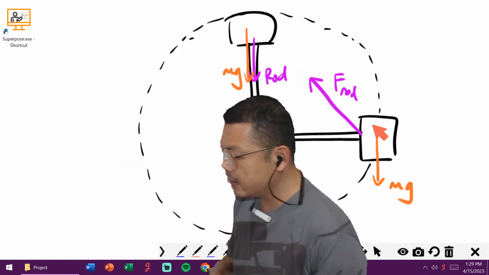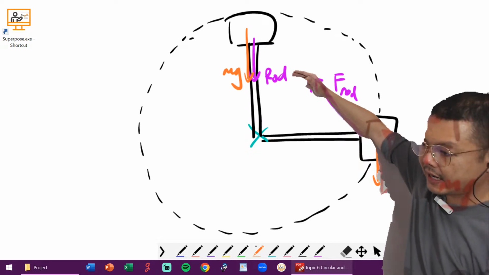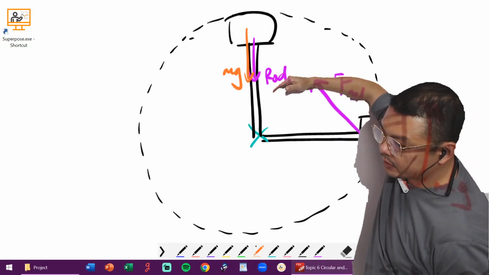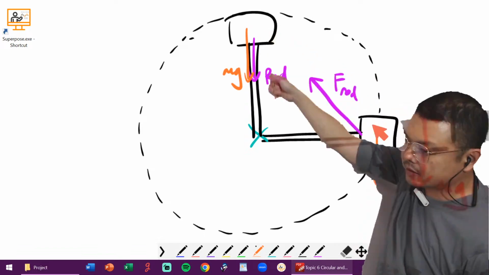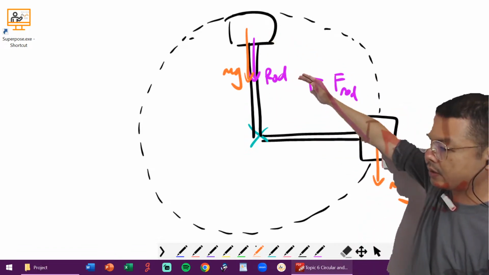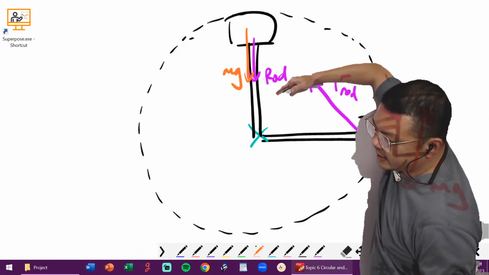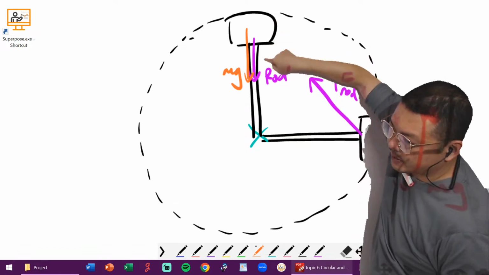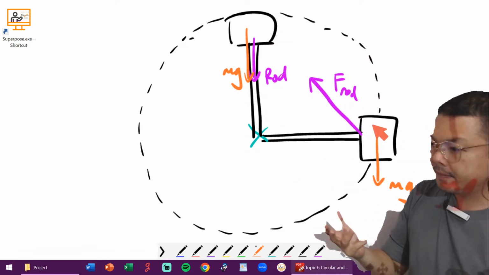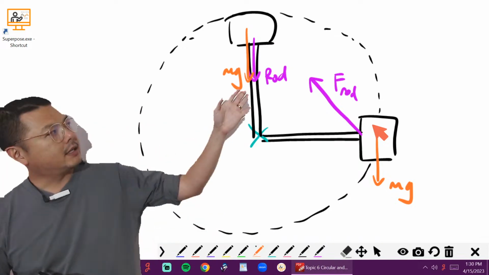As you go higher and higher, the force will rotate until it becomes vertical like that. So as the object goes up, the force by the rod will rotate like this until it becomes vertical.